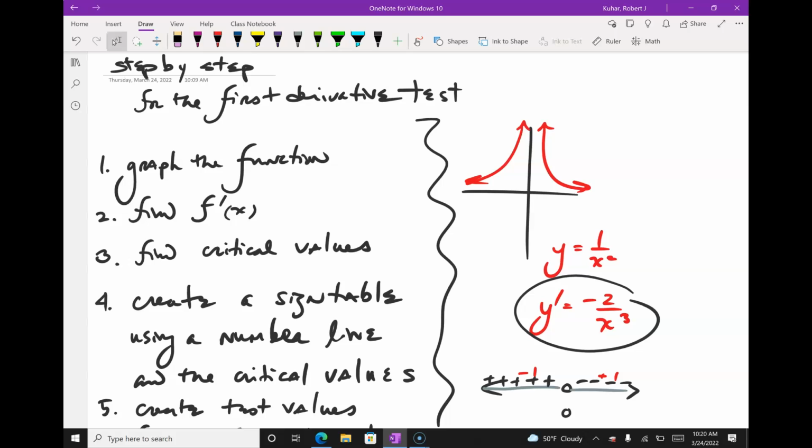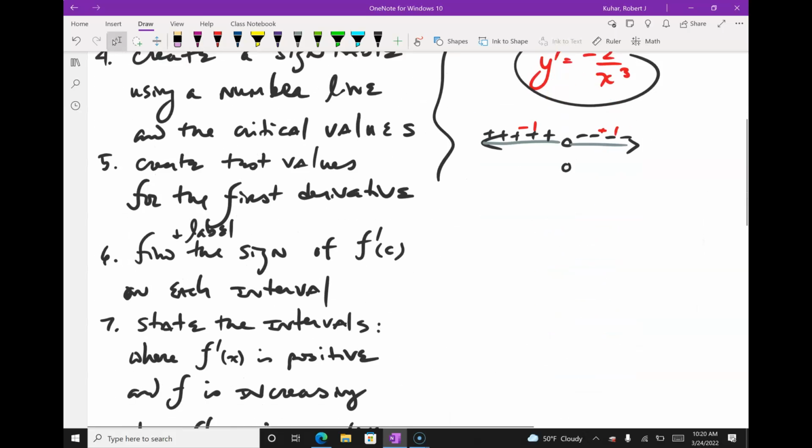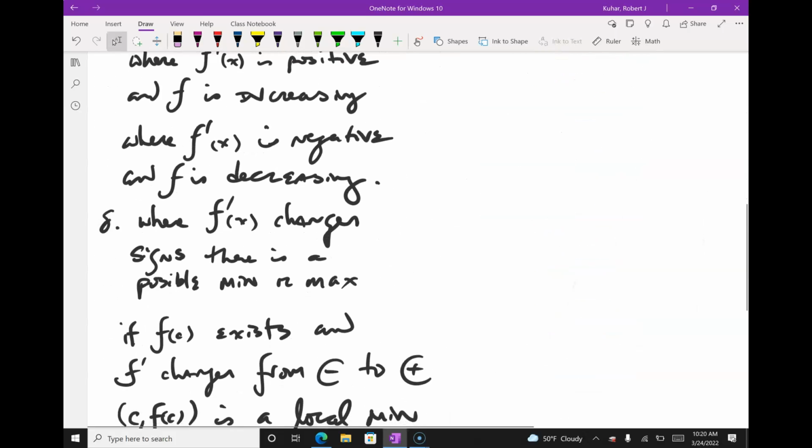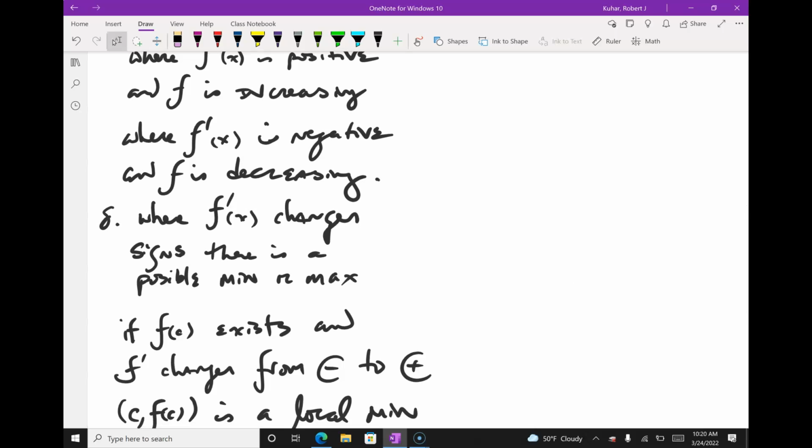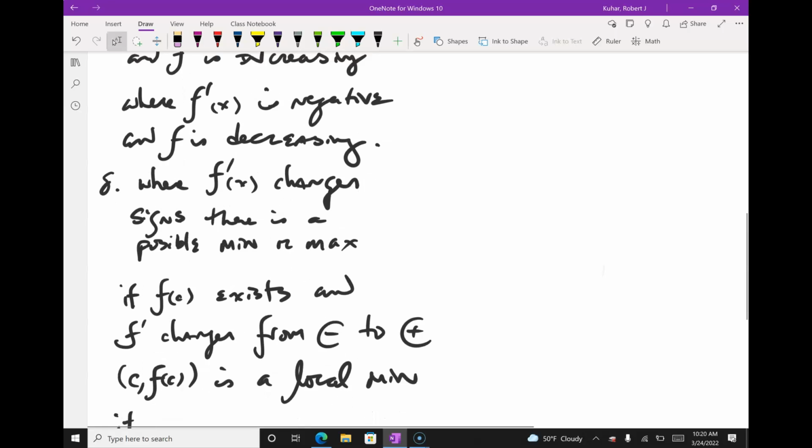So you could imagine the top of a hill, but there is no top of the hill. Where f prime changes signs, there's a possible min or max. I need the point to exist, though. So that's the issue.